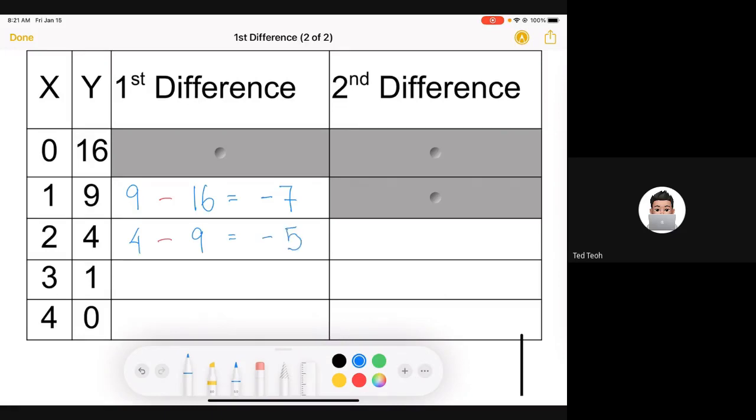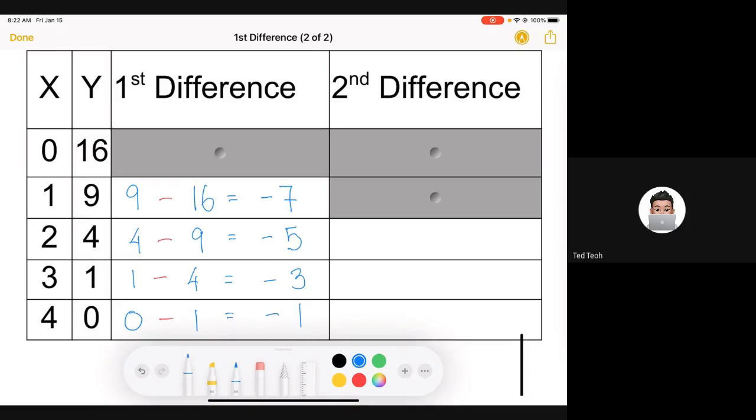In the next line, it's 1 minus 4, which gives me -3. And then the last line, it's 0 minus 1, which gives me -1.